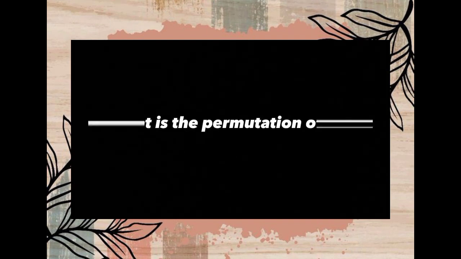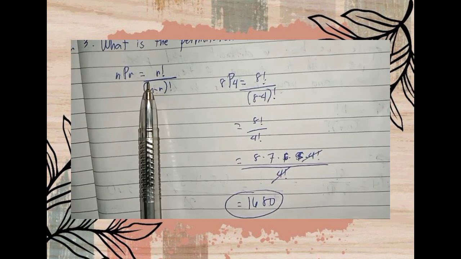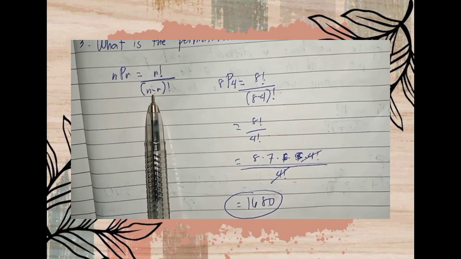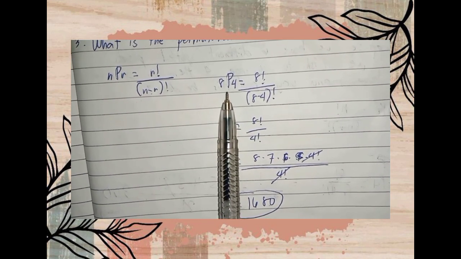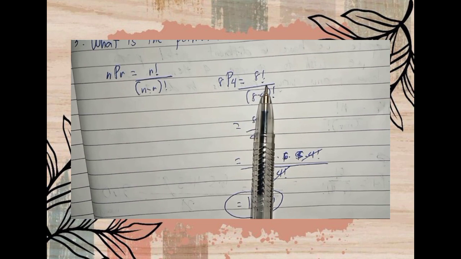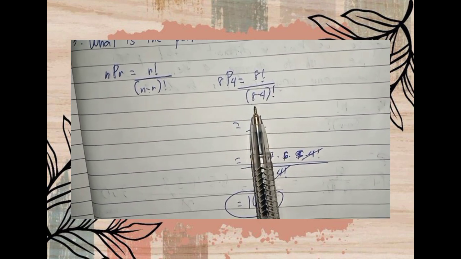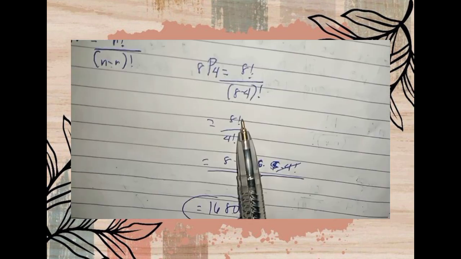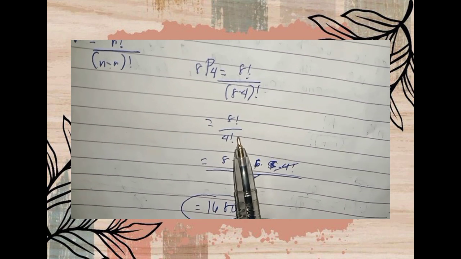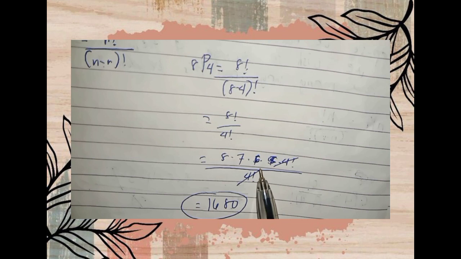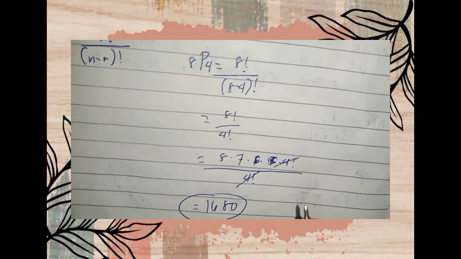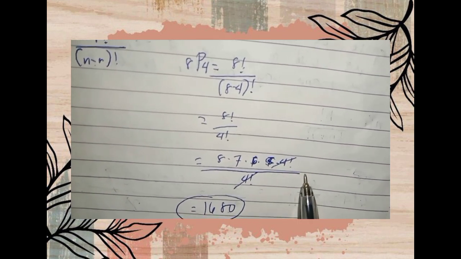The permutation 8P4 is n factorial over n minus r factorial. 8P4 equals 8 factorial over 8 minus 4 factorial, equals 8 factorial over 4 factorial, equals 8 times 7 times 6 times 5 times 4 factorial over 4 factorial.